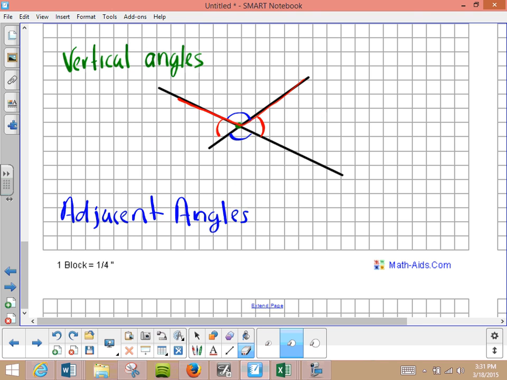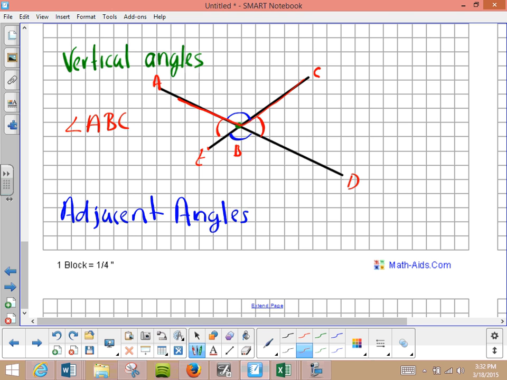Put it on the side. A, B, C, D, E. These are points. If angle ABC is one of my angles, what is adjacent to it? It has to have the same vertex, and it has to at least share one side.